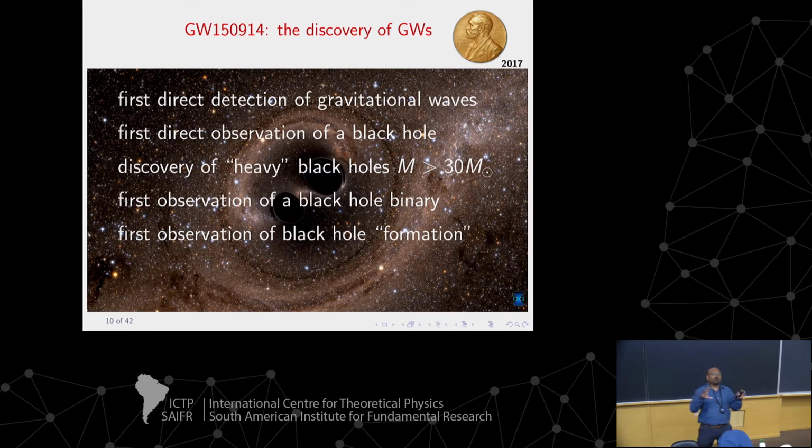The 2 black holes merged and formed a remnant black hole, and we can really see how a black hole oscillates as it is formed. And this tells us, as we heard yesterday, about fundamental physics and the no-hair theorem.